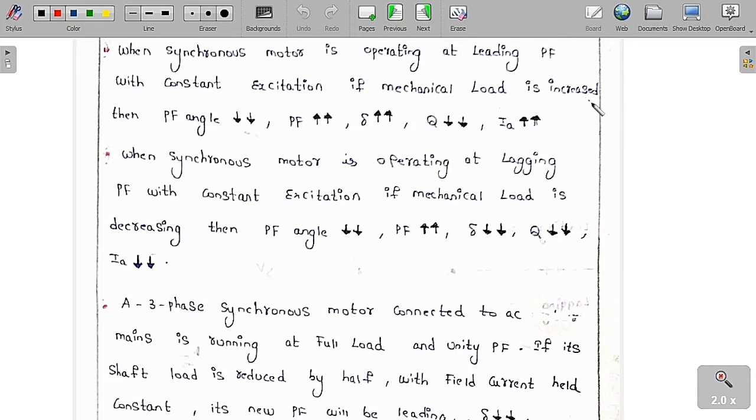So current IA is going to get increased. With constant excitation, EF is always constant. So as the load is increased, the power factor angle decreases, so power factor increases, the delta increases, and the power factor and Q are inversely proportional, so Q decreases and the armature current increases because the load is increased. So these are the points that are going to happen whenever you increase the load in the leading power factor region.